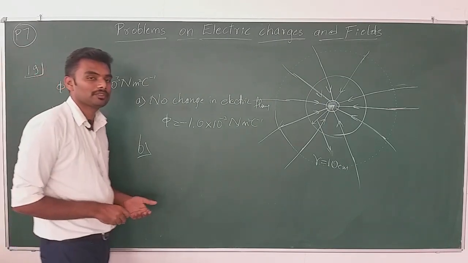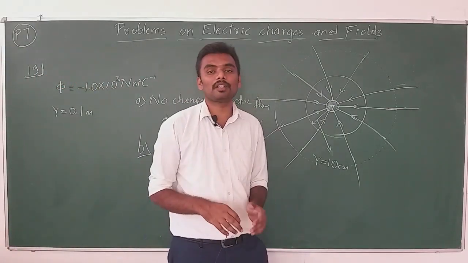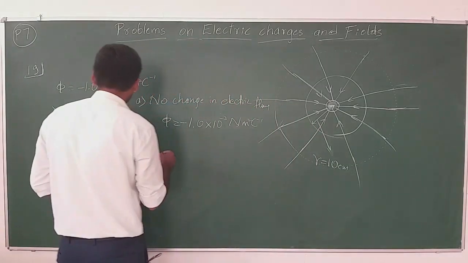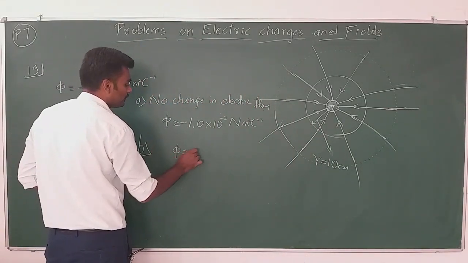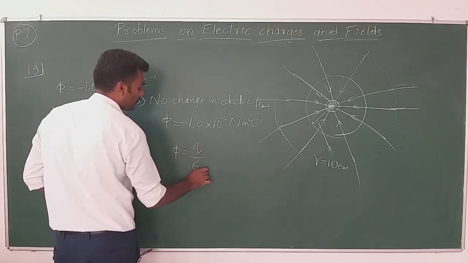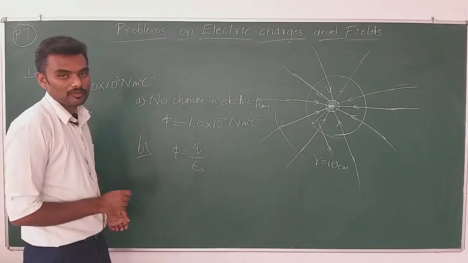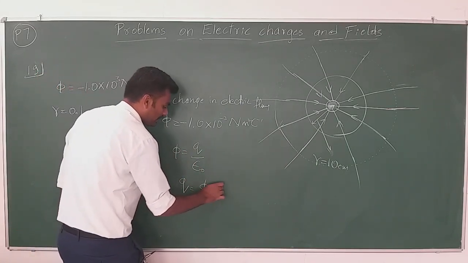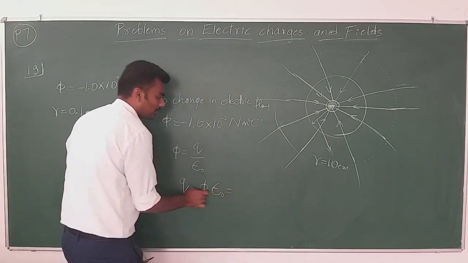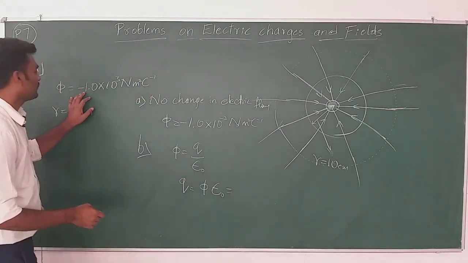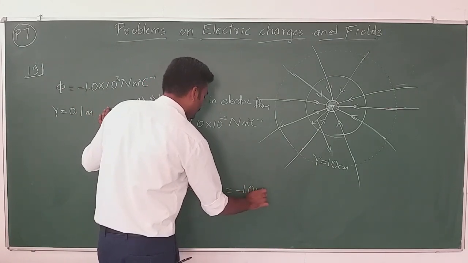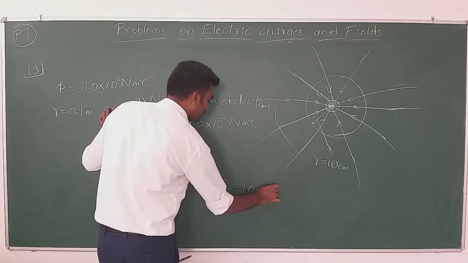Now, we can make use of the formula of electric flux derived from Gauss law, which says phi is equal to q by epsilon naught. This q has to be found now. So this q is equal to phi into epsilon naught. The value of phi is given, which is minus 1.0 into 10 to the power of 3.